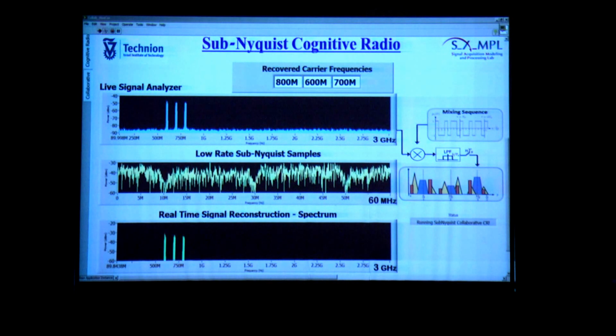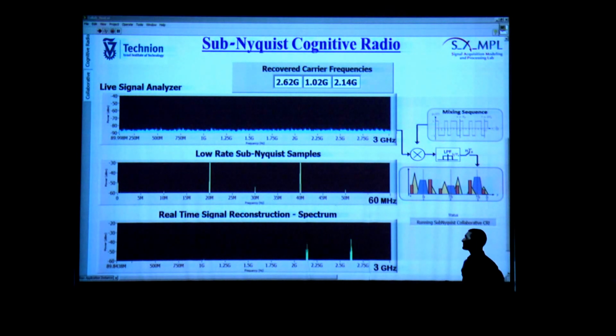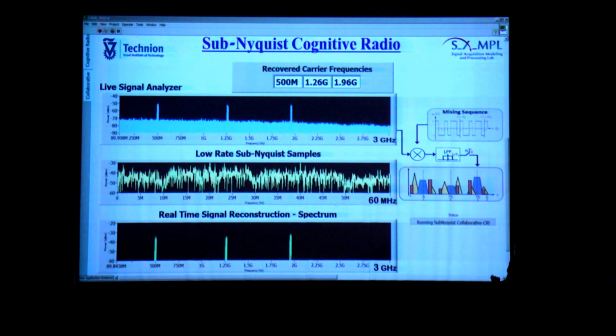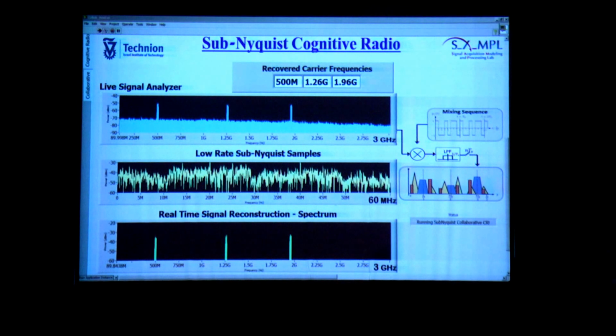If we can move on to the next scenario, we can stress the system a bit. In this case, with a very low SNR, we have the entire spectrum flooded by noise, and the system can still fully detect the actual position of the carriers and reconstruct them.